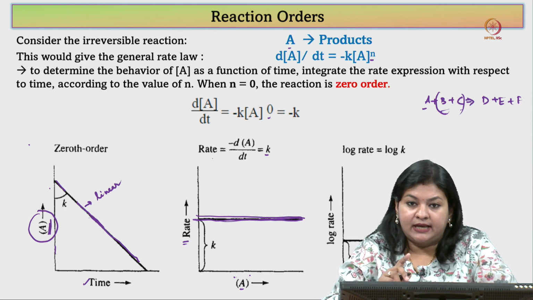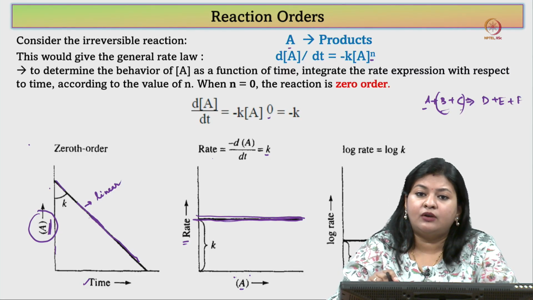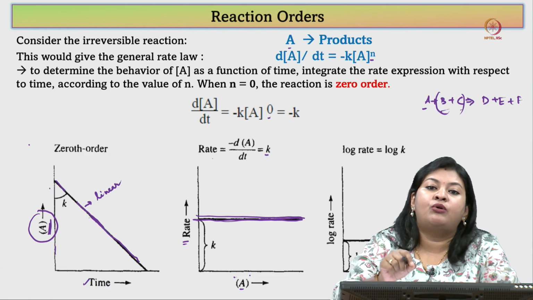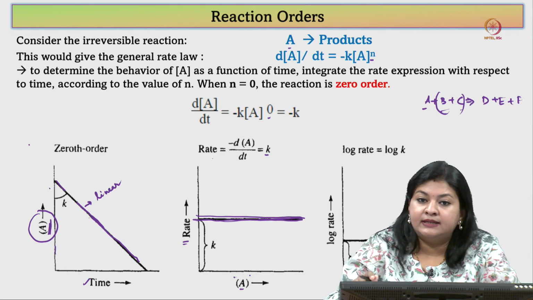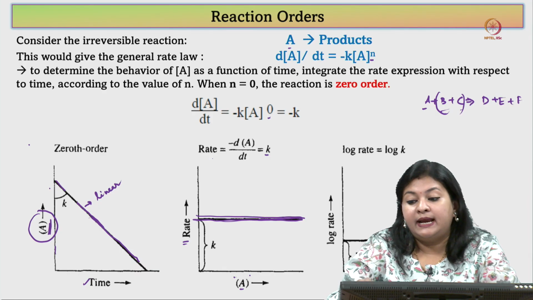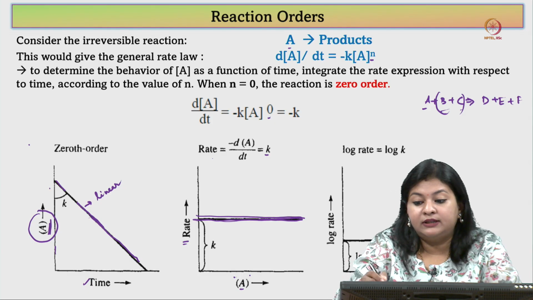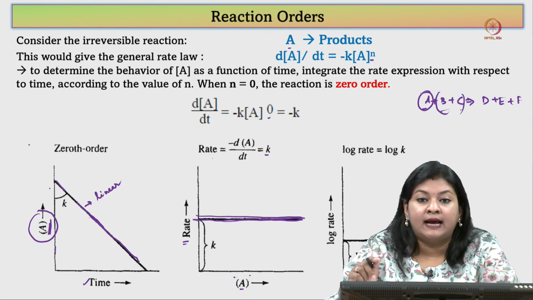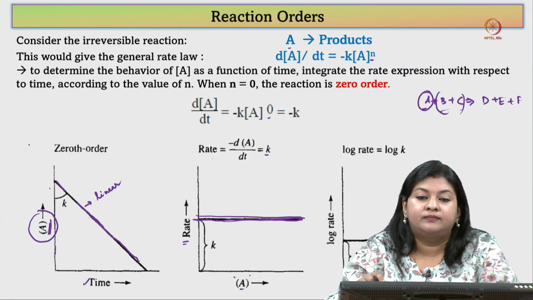So, those reactions in which a particular reactant does not influence the reaction rate, for them it is 0th order, only for that reactant. The entire reaction order is not 0. Only for that component, only for A, it is 0th order.